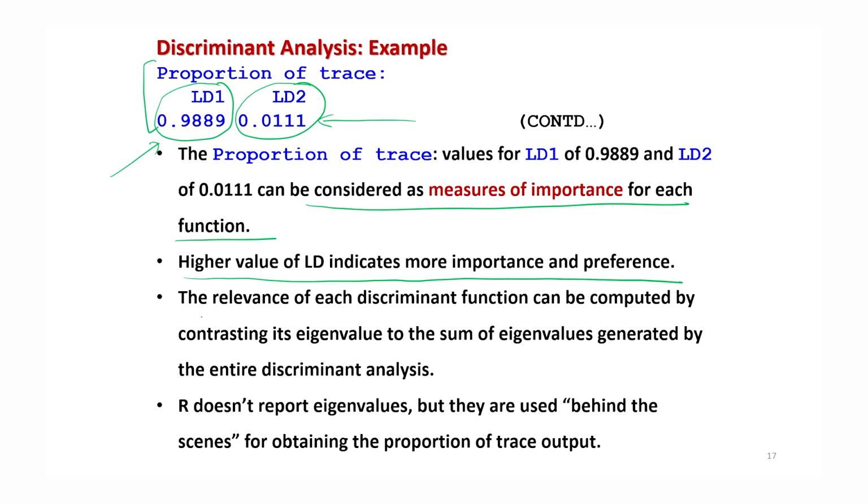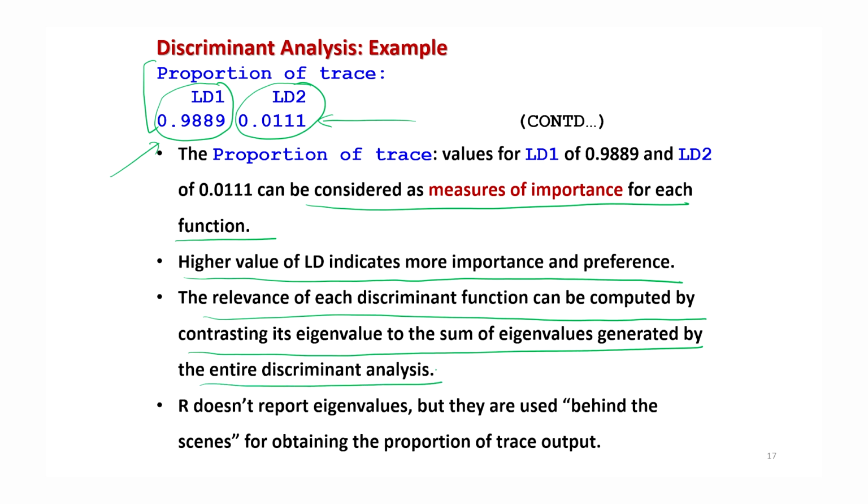The relevance of each discriminant function can be computed by contrasting its eigenvalue to the sum of eigenvalues generated by the entire discriminant analysis. We have not talked about the mathematical part of linear discriminant analysis, so I have not covered this, but I can share that it creates the eigenvalues, and you know how to create eigenvalues using the command EIGEN.